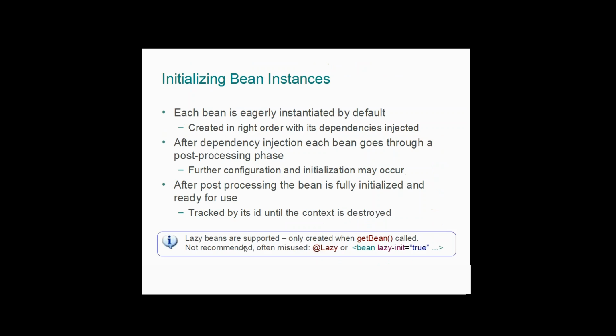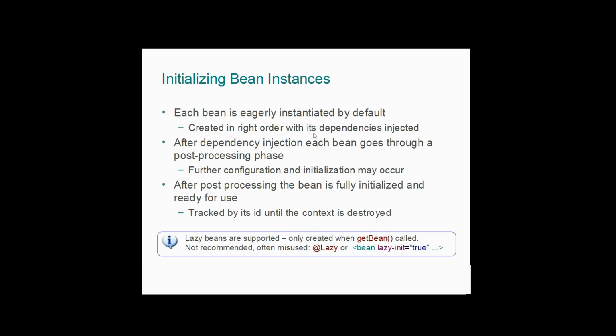Then it is ready to use in your application. In the initializing bean instance, all the beans get instantiated upfront by default when the context is getting created. Each and every bean is eagerly instantiated by default. That's the default behavior, unless you specify a bean definition as lazy init. Otherwise, by default, all the beans get created upfront, in the right order in which they have to be injected.